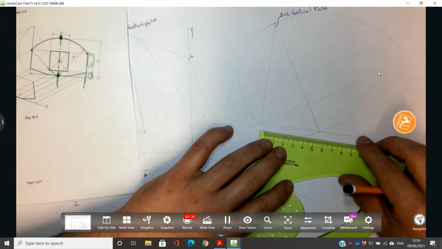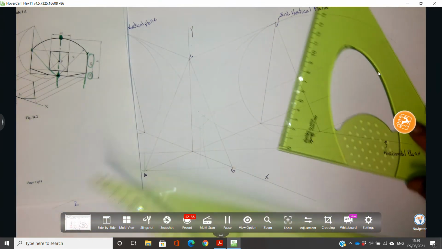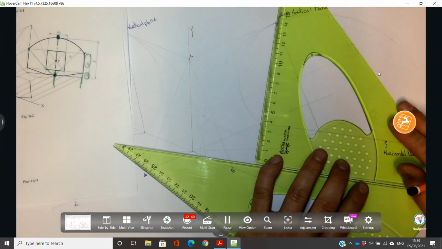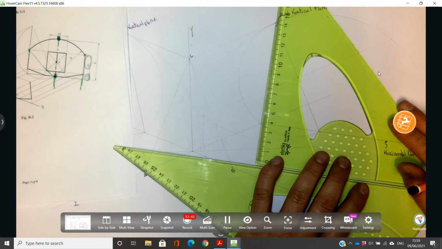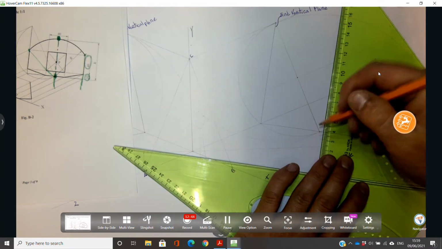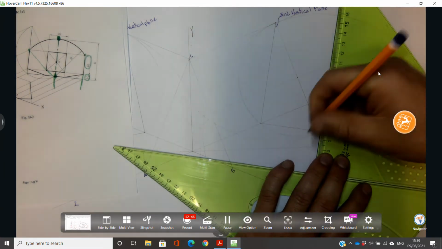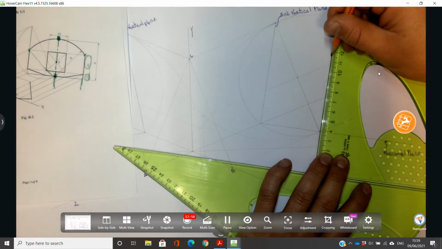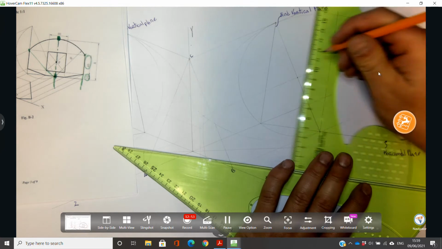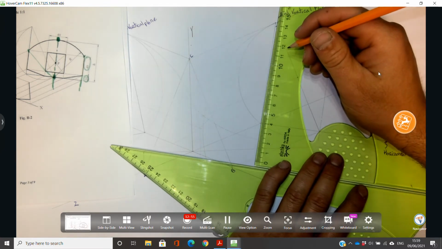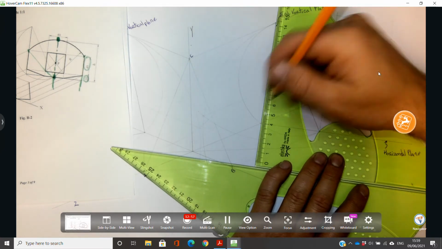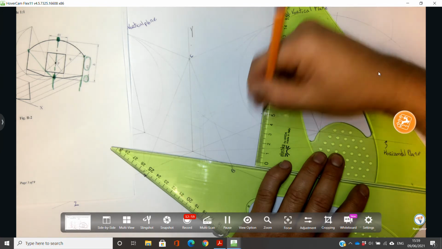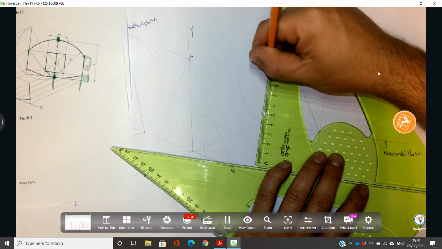Right, so we'll draw in our center line. We'll mark up the heights. 10 and 40.